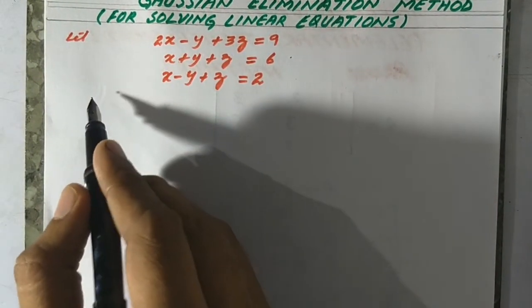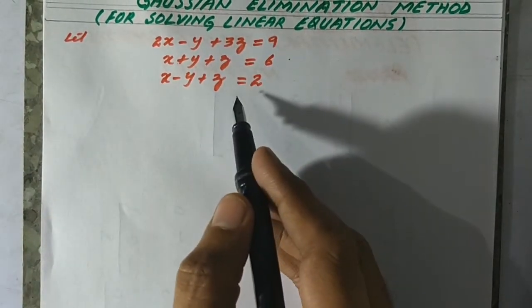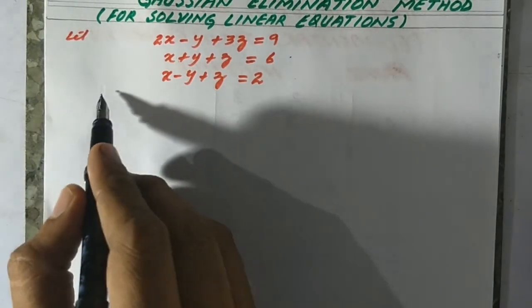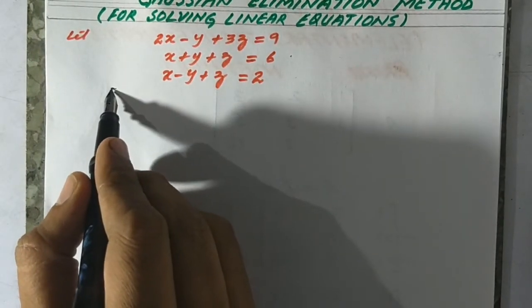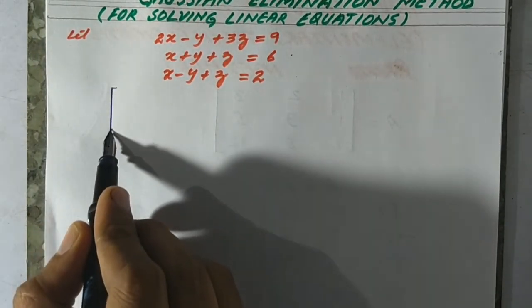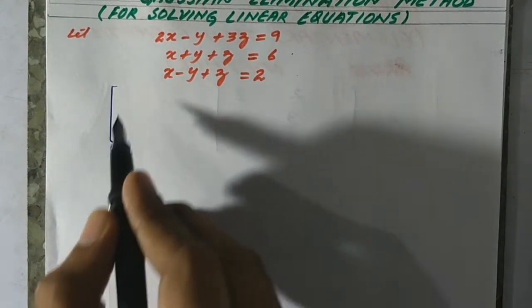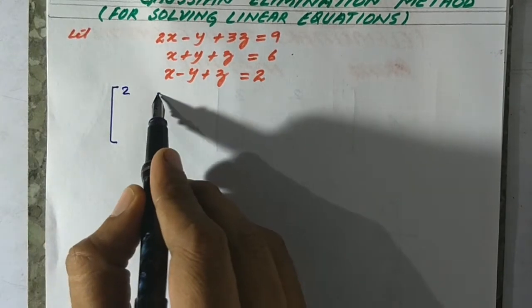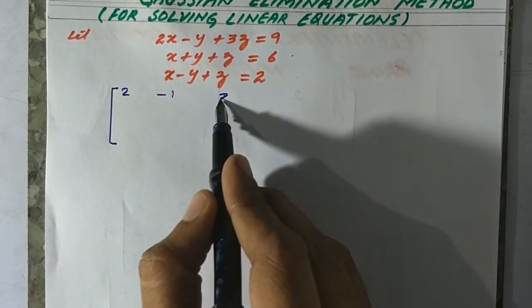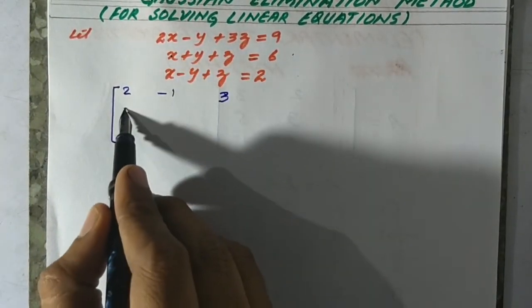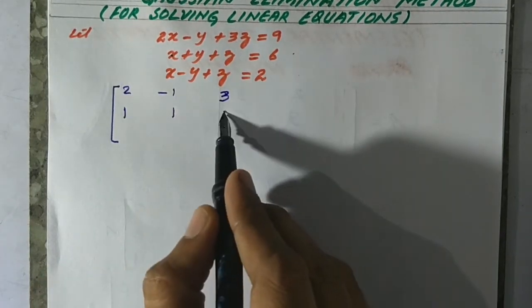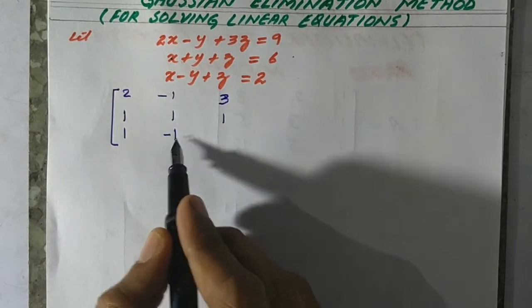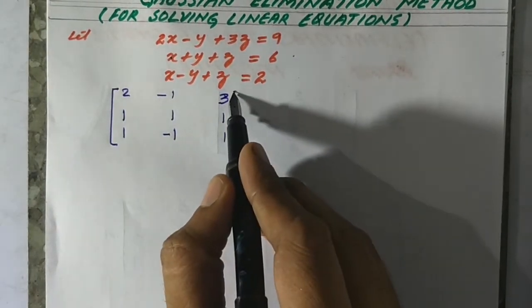First we write the linear equations in the form of matrices. The first matrix is written of the coefficients of x, y, z, that is 2, minus 1, 3, 1, 1, 1, and 1, minus 1, 1.